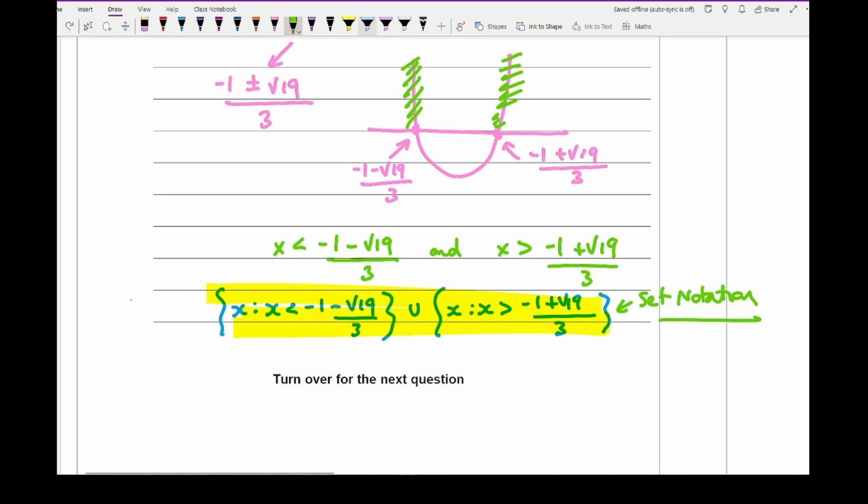However, if you did leave your answer like the inequalities, you could potentially lose 1 mark.